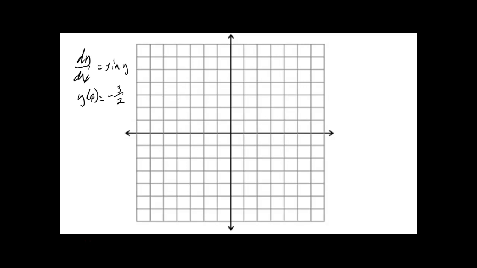When y is equal to 0, your slope is 0 everywhere. That looks sort of familiar, we saw this in the last one too. No matter what the x is, when y is 0, because sine of 0 is 0, that's that everywhere.